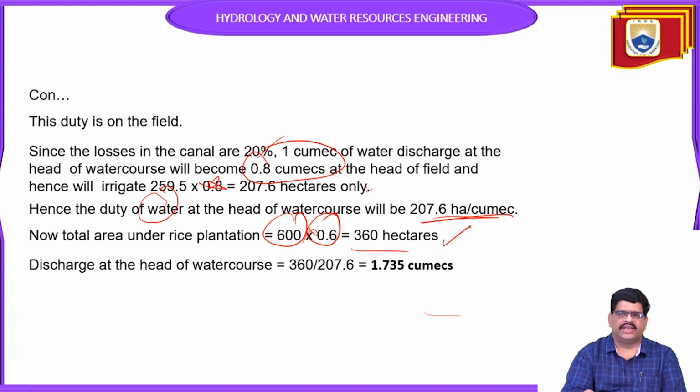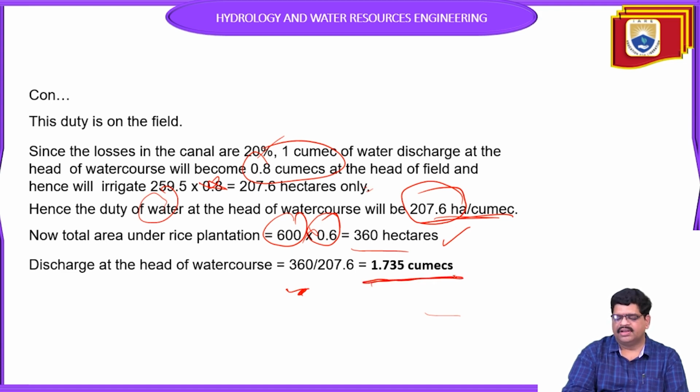The discharge at the head of the water course is 360 hectares divided by the duty of the water, 207.6 hectares per cumec, that is equal to 1.735 cumec.